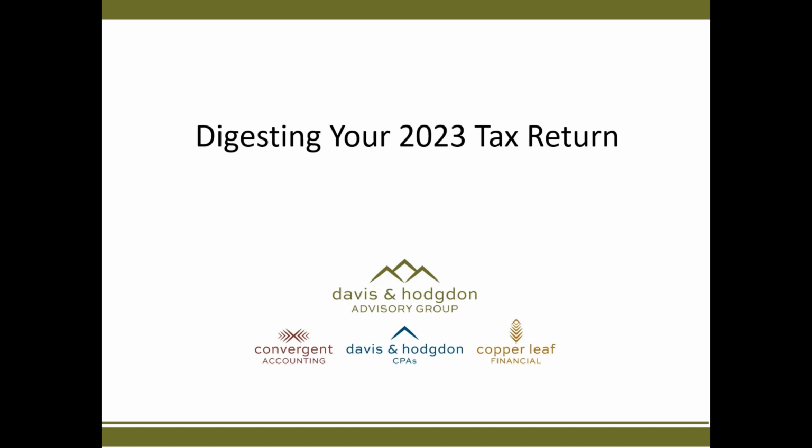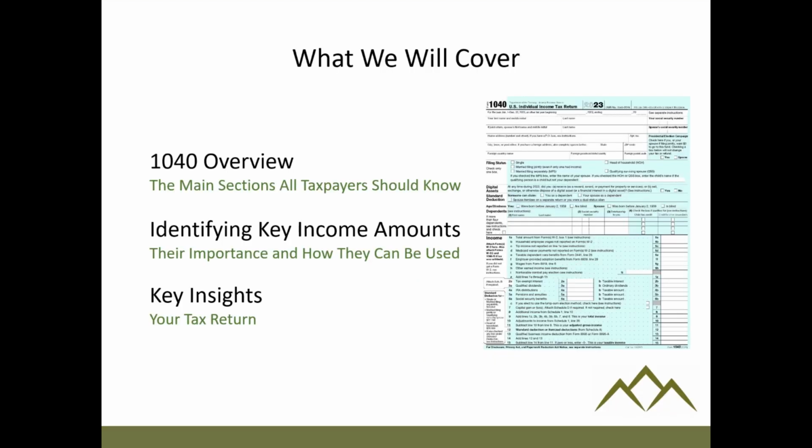All right, let's jump right in here, and our facilitator would be so kind to bring up slide number 2. Perfect. We're going to give an overview on the 1040, which is the individual tax form itself, and really focus in on some of the main sections, as the forms themselves can be pretty expansive.